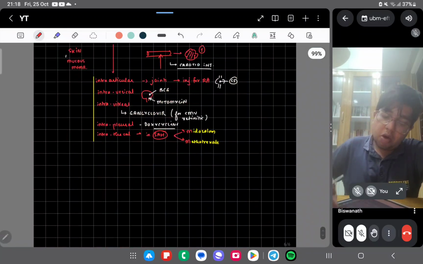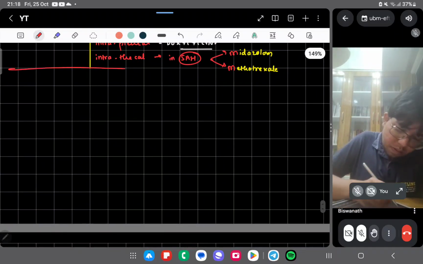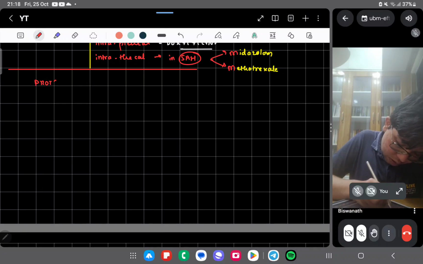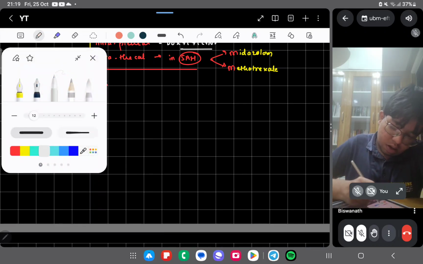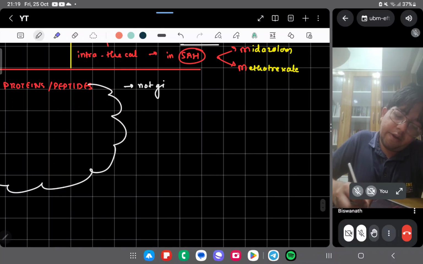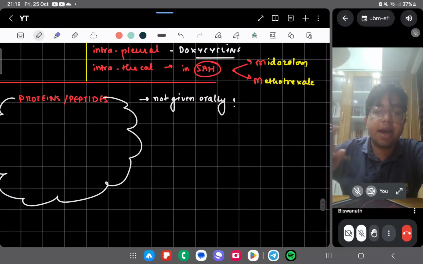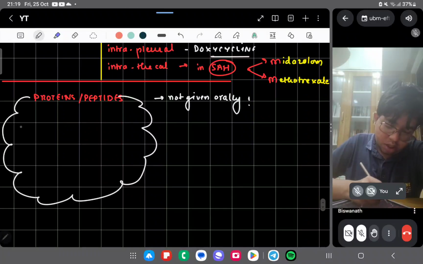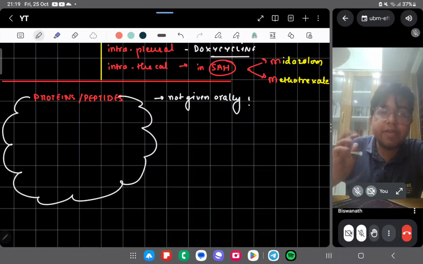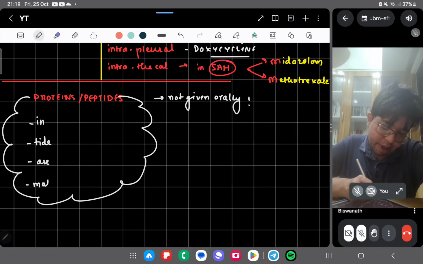Okay. How can you identify proteins and peptides? Let's see. These are not given orally. Any drug which is ending with "tide" is a peptide.